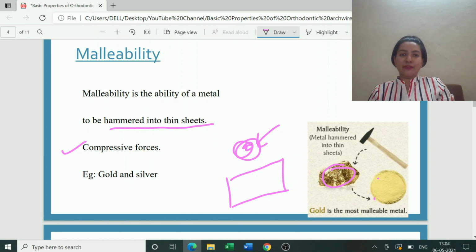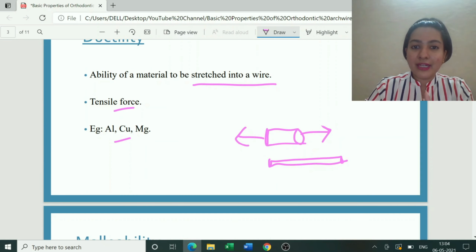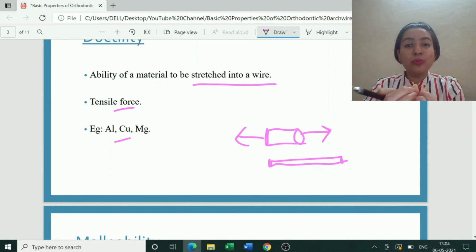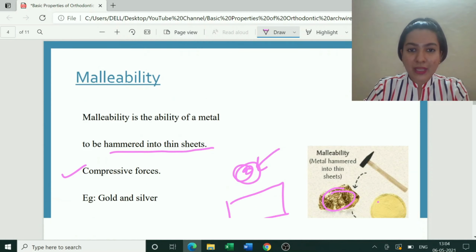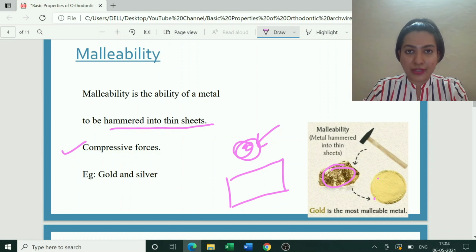So this is the basic difference between ductility and malleability. Ductility is the ability of a material to be stretched into wire, and malleability is the ability of a metal to be hammered into thin sheets. What kind of forces are acting is also different.